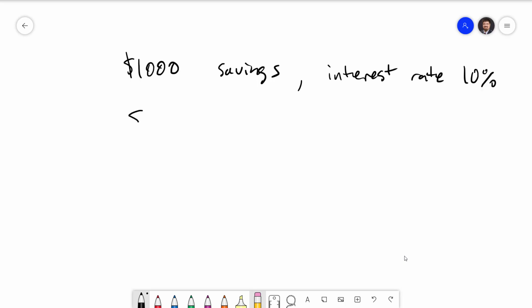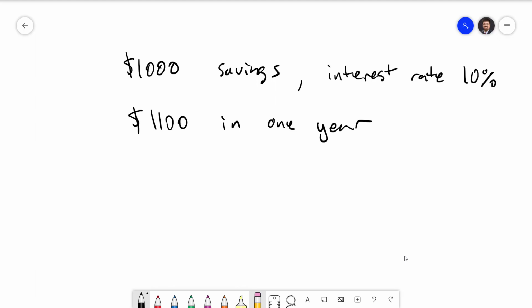This means that in 1 year, we will now have $1,100 instead of $1,000. Because of inflation, the $1,100 we will have in 1 year is actually worth less than $1,100 in today's money. And so we are not actually getting a 10% increase in our purchasing power by saving this money.